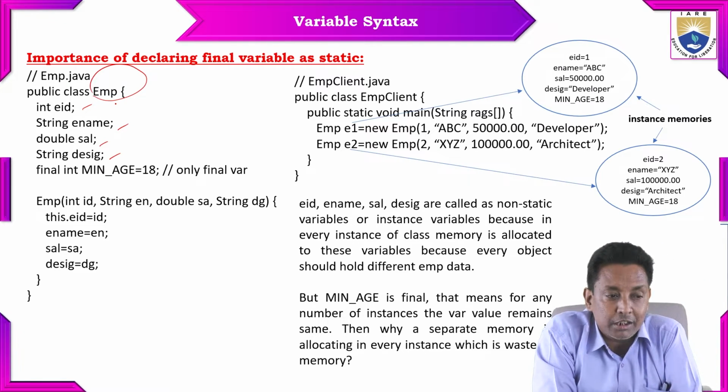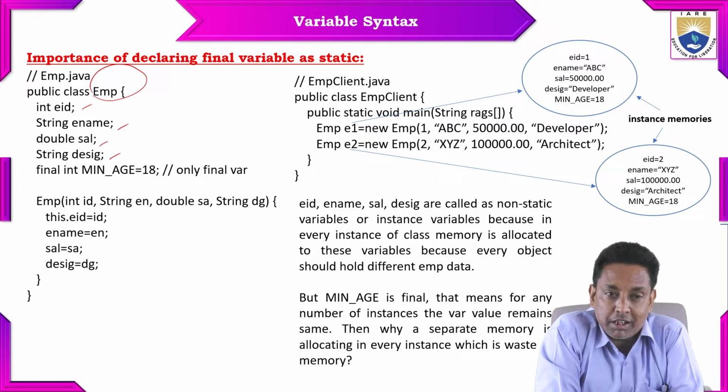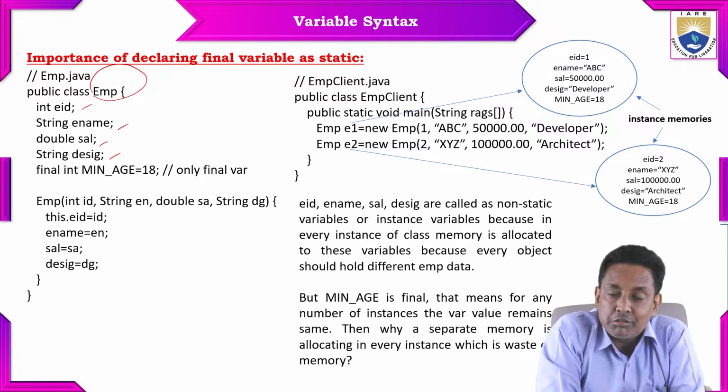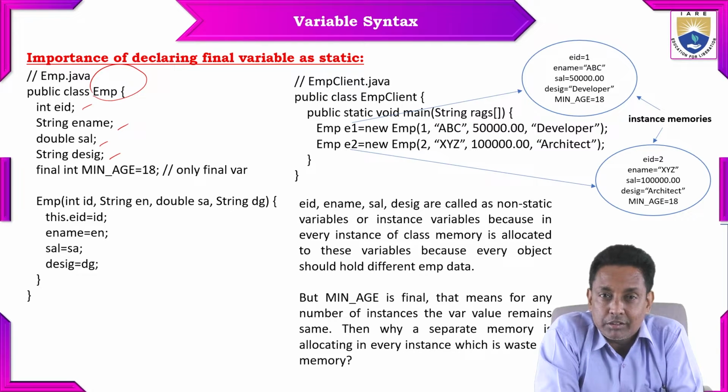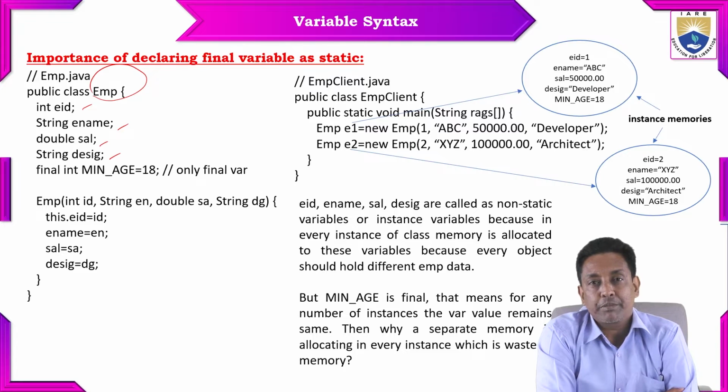for example, in a school, the employee strength may be a couple of tens, like 10, 15, 20, 30. At max, in a school, the number of staff may be 50 to 100, not more than that, for an average medium-level school.